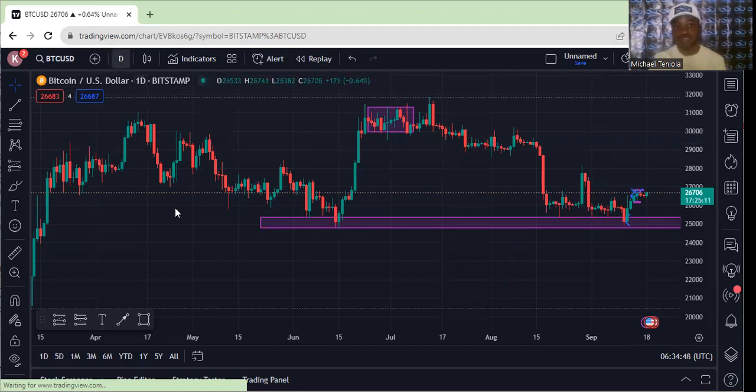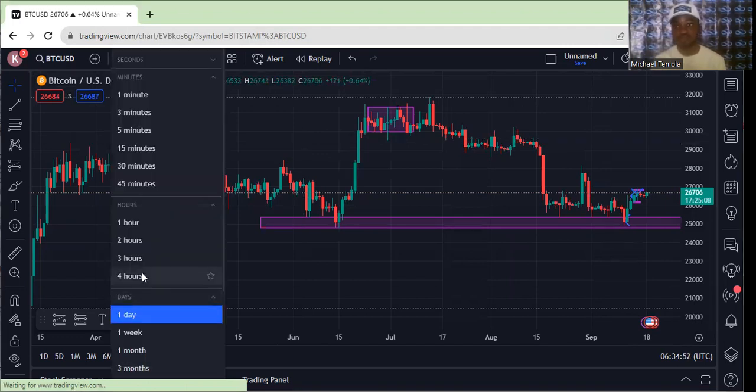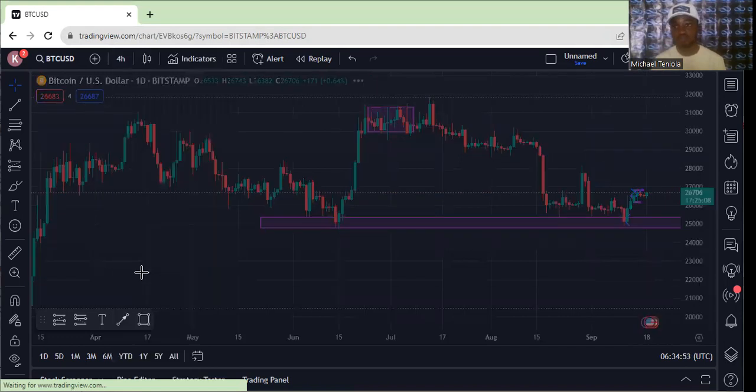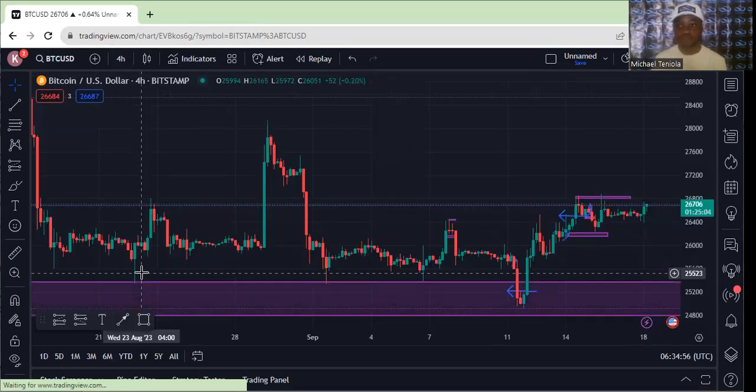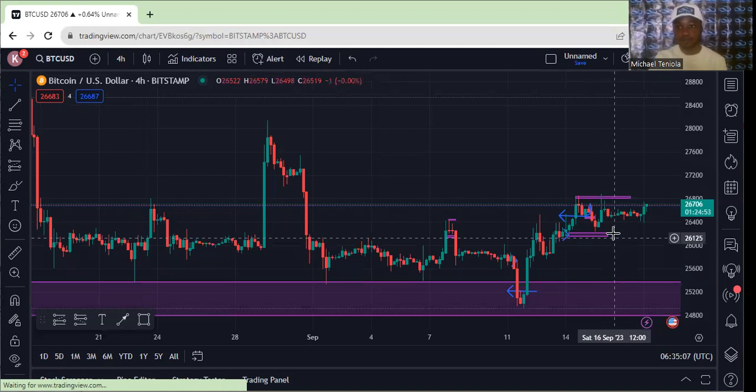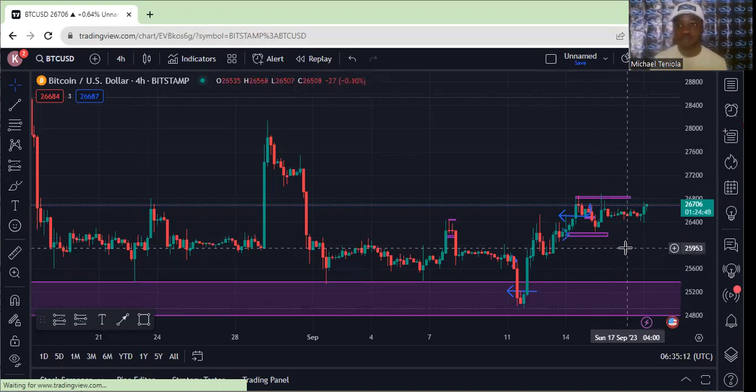On the H4 chart, we can also see that the big bull is in control of the market trend, as it's currently pushing the market up massively. You can see green candle formation, and this indicates that the big bull is in control of the market trend.